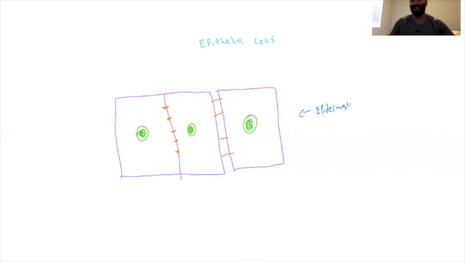Not exactly a super accurate representation, but it's to illustrate a point, not to teach a concept. Well, it is to teach a concept, but also to illustrate a point. I know that seems mind-blowingly confusing. And this is going to be the surface of the skin.